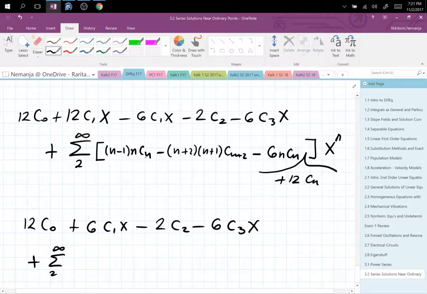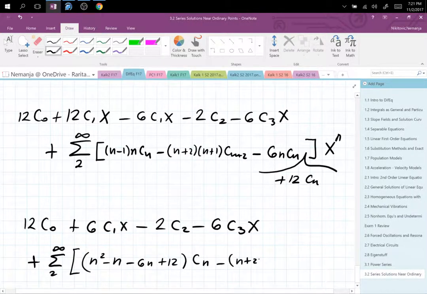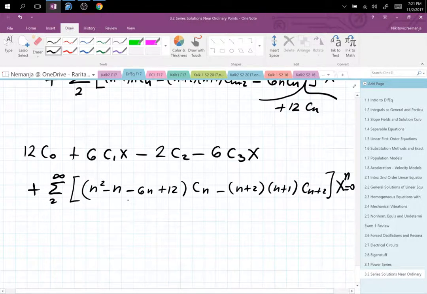From the first term, I have n squared minus n. From this one, I have minus 6n, and from the last one, plus 12. All of these multiply cn, minus n plus 2, n plus 1, cn plus 2, times x to the n equals 0. Minus n minus 6n is minus 7n.